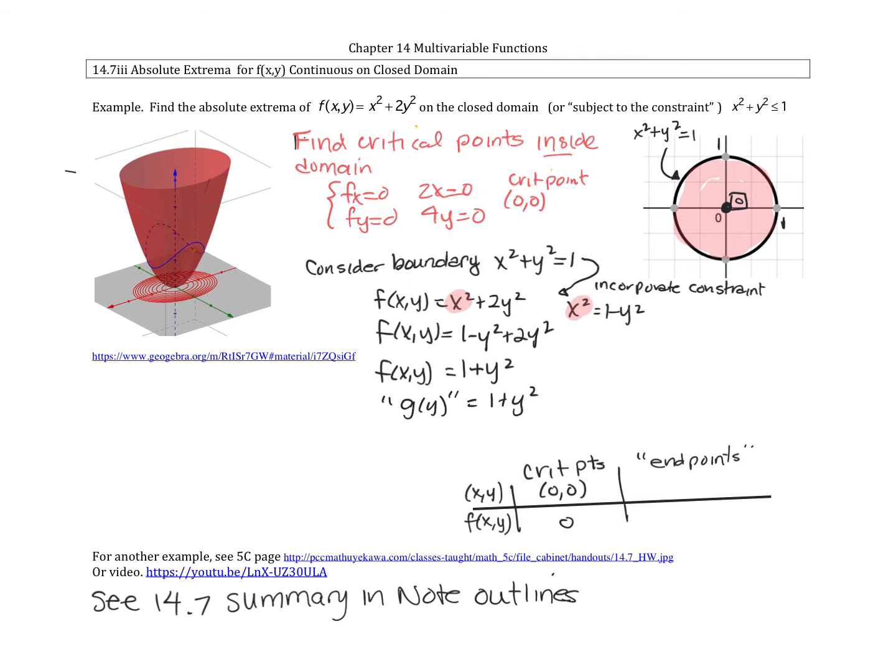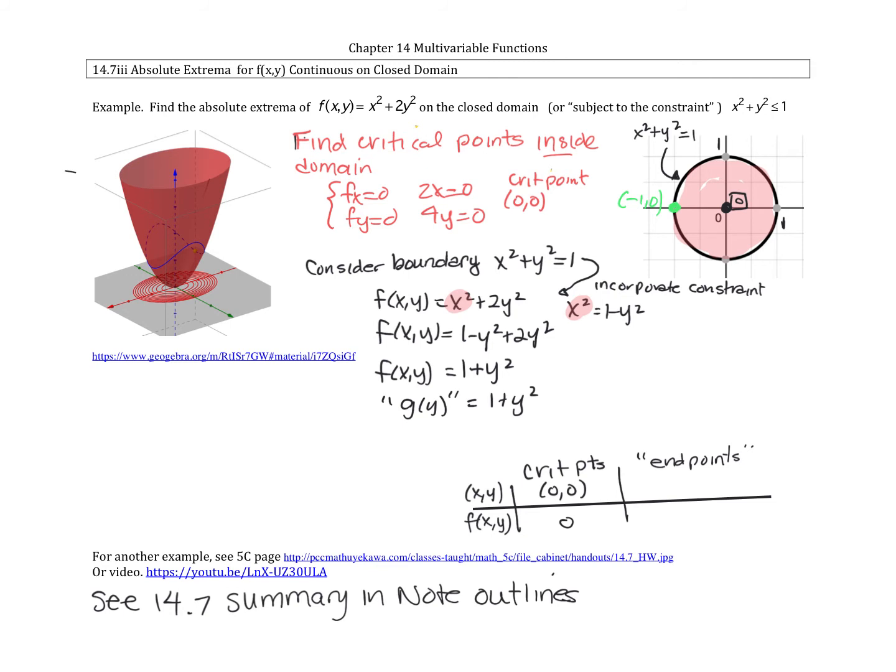Just to remind myself, really, once I've eliminated one of the variables, I'm back to Math 5A. I'm back to single variable calculus. And it's really important for us to understand something. This is my function. This is this function, only it's this function when we're constrained to that circle. Meaning, if I take any point in here, let me just randomly take this point here, (-1, 0).